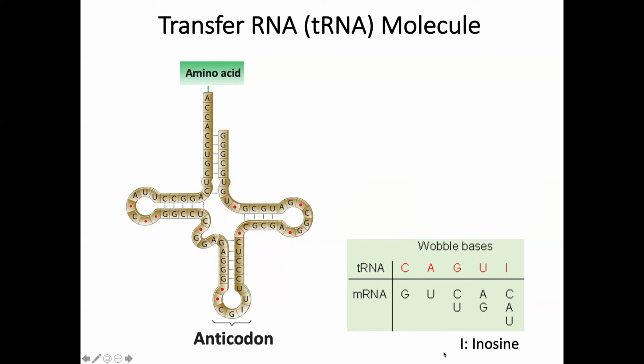Here are the main wobble base pairs: G to U or U to G, same thing, and then I to C, I to A, or I to U, okay? In tRNA, this I stands for inosine. This is a nucleoside, which can pair with CAU on mRNA.